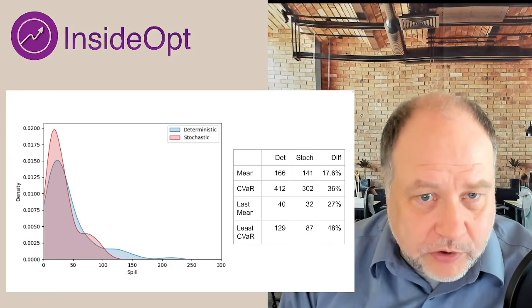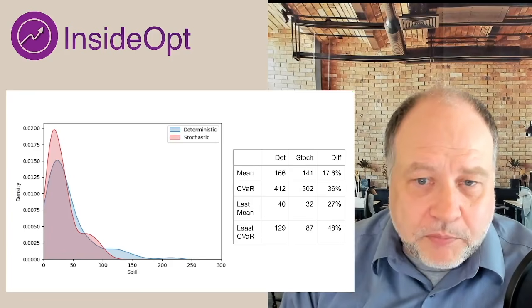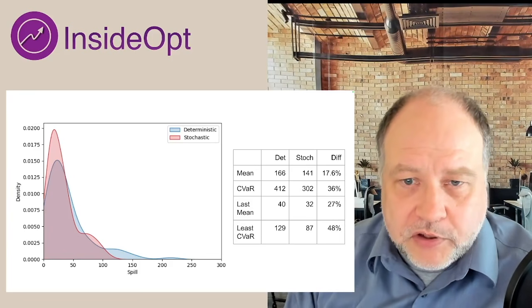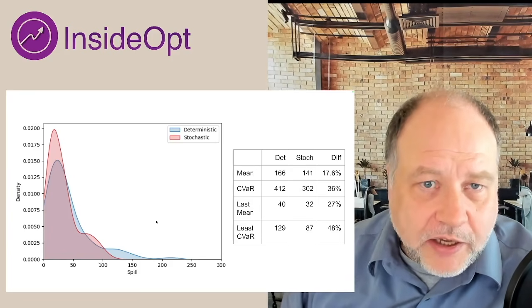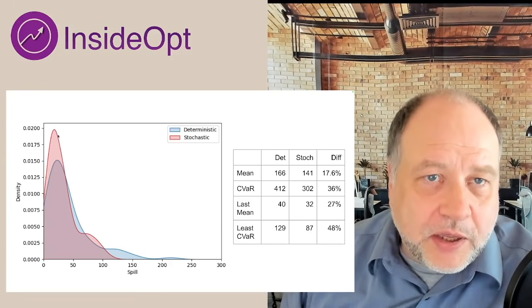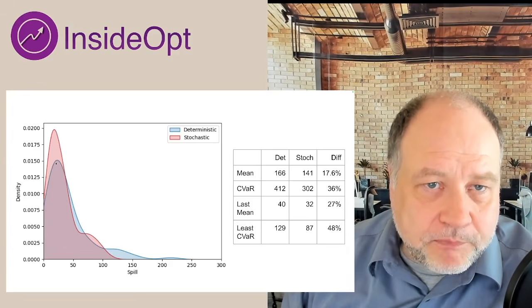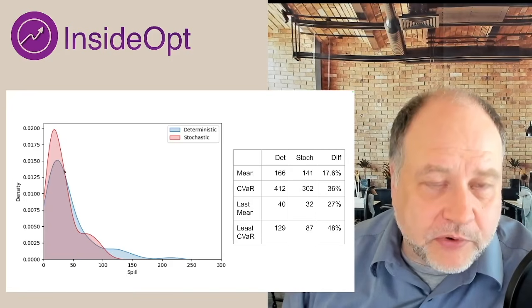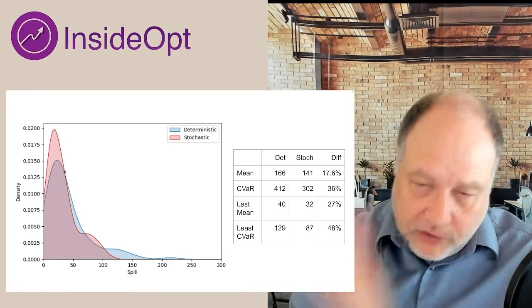And this is the corresponding curve, by the way, for the spill of Friday into Saturday, so after day 5. And you see here that the probability of the stochastic version shifts to the left, right?